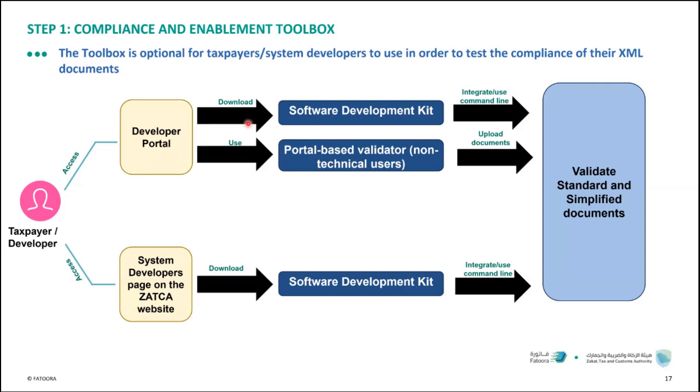The second way is the portal-based validator, also provided in the same developer portal, where you can drag and drop the XMLs that you have generated to run a validation on the website, and it will give you instant feedback on whether the document is compliant or not.